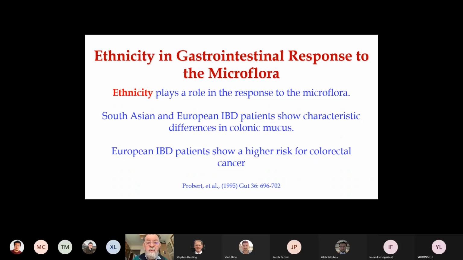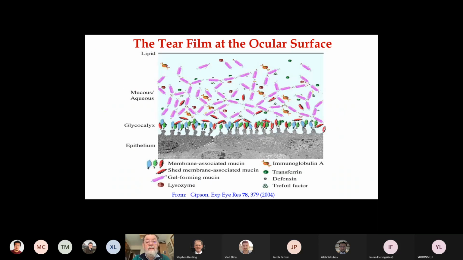So in other words, the type of response that you get to the microflora does depend on ethnicity. And the other thing that came out of this study was that European patients with IBD have a higher risk for colorectal cancer than the South Asians. Okay, next slide, please.